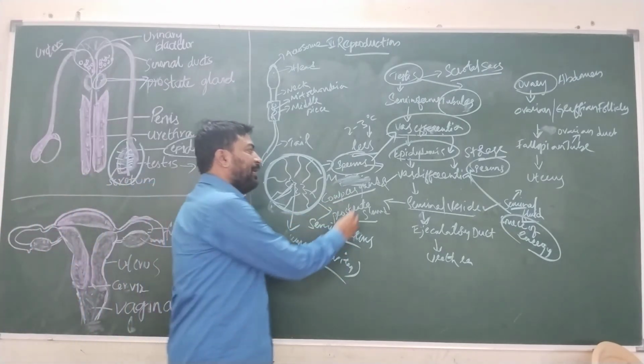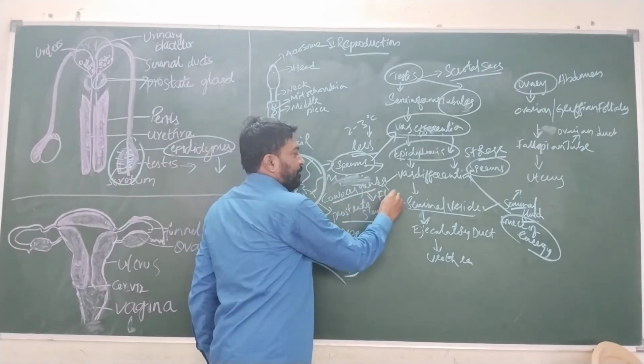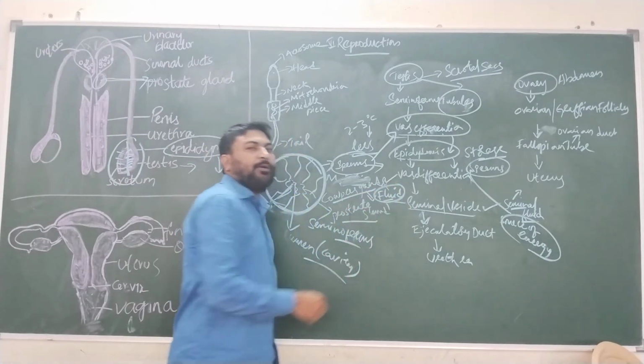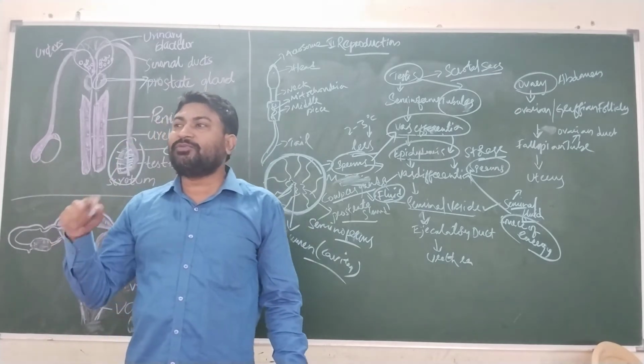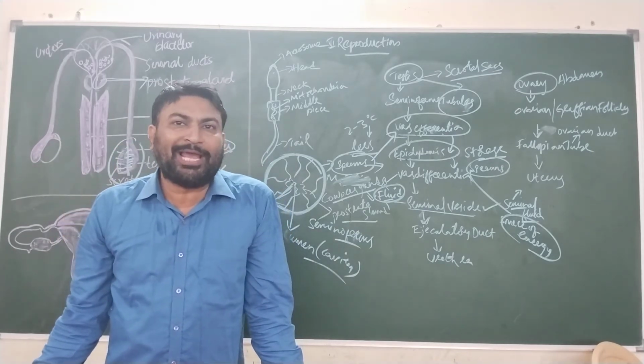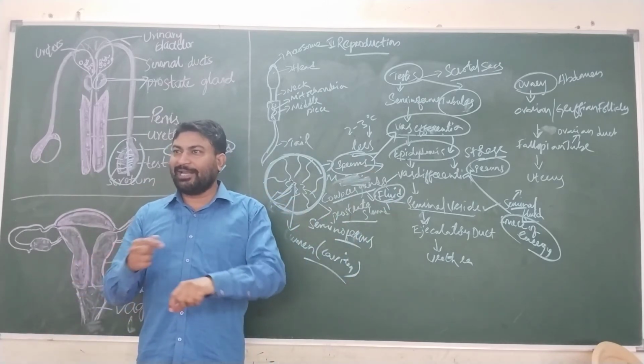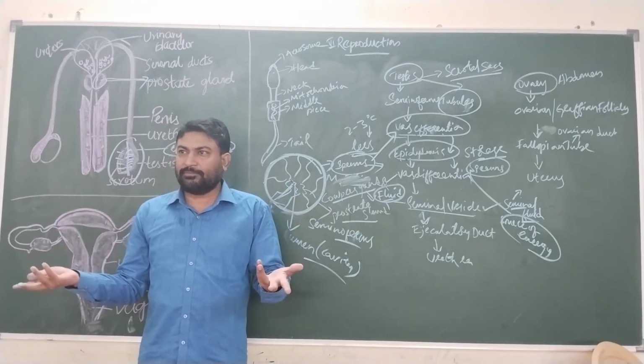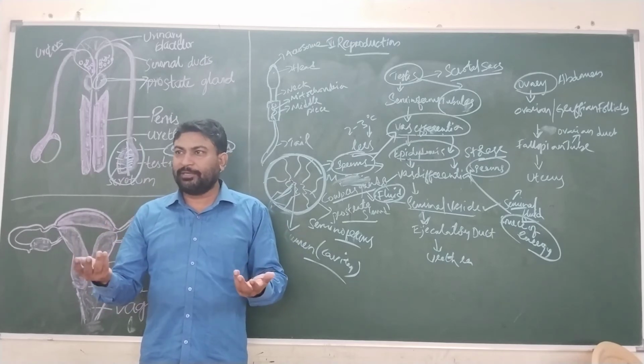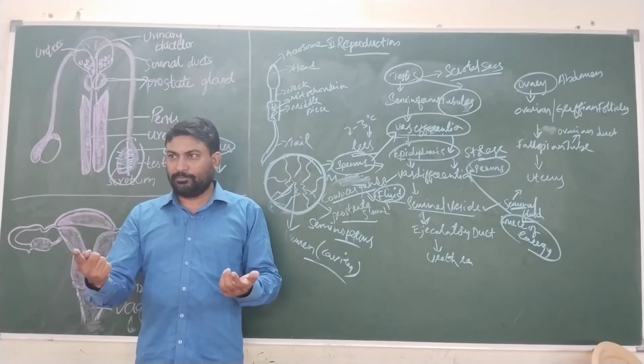Cowper's gland releases a fluid. This fluid provides the nutrients required by the sperms to stay alive. Sperms are haploid cells, just like our skin cells, and they require energy for movement and for growth.